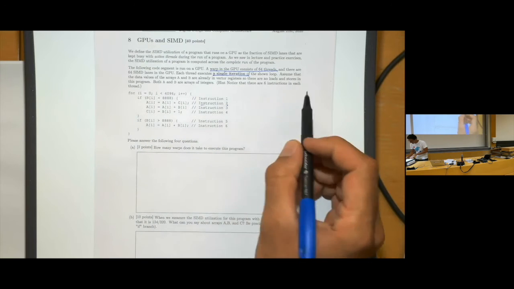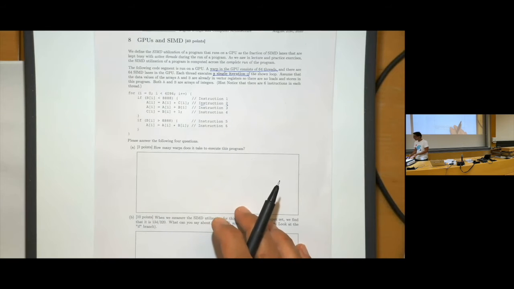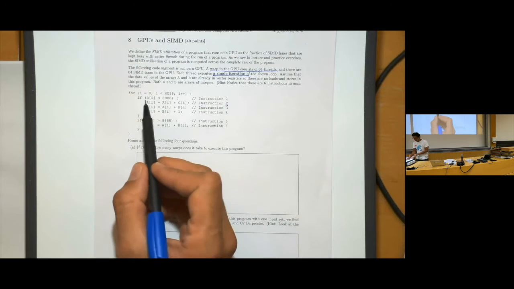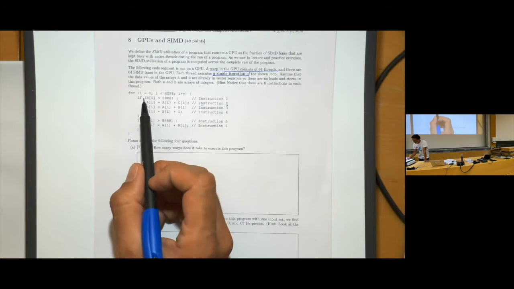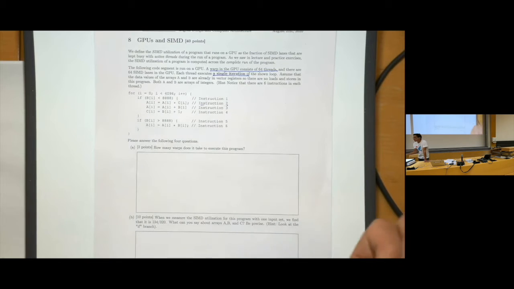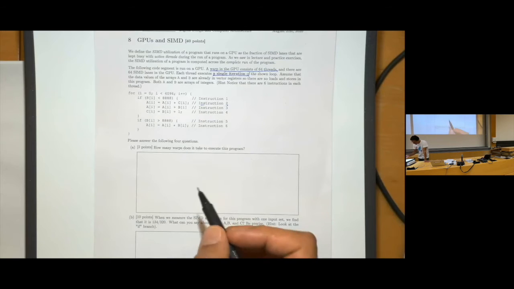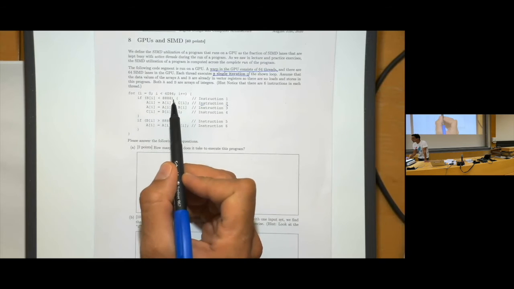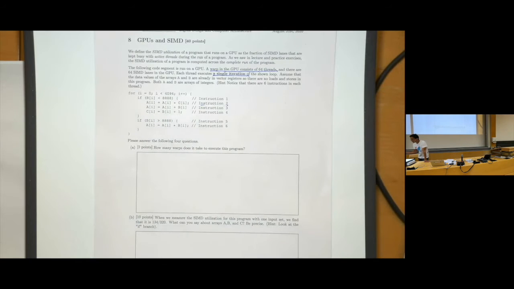Hint, notice that there are 6 instructions in each thread, right? Well, they are clearly marked here. The same goes for the if statements here. We are considering just a single instruction for each of the if statements. Okay, so as I mentioned earlier, there are 4,096 iterations here, so that's the number of threads that we are going to need.